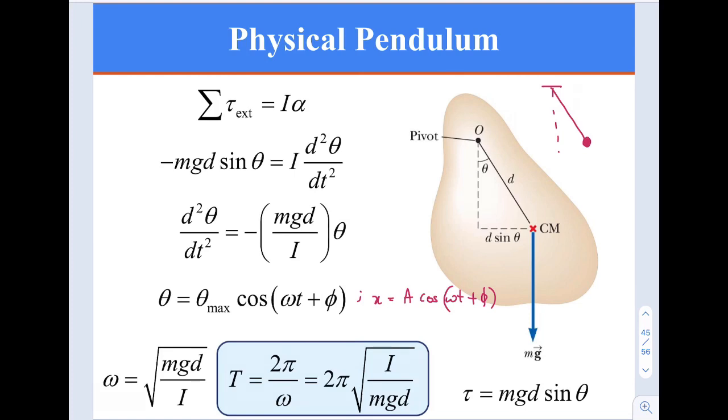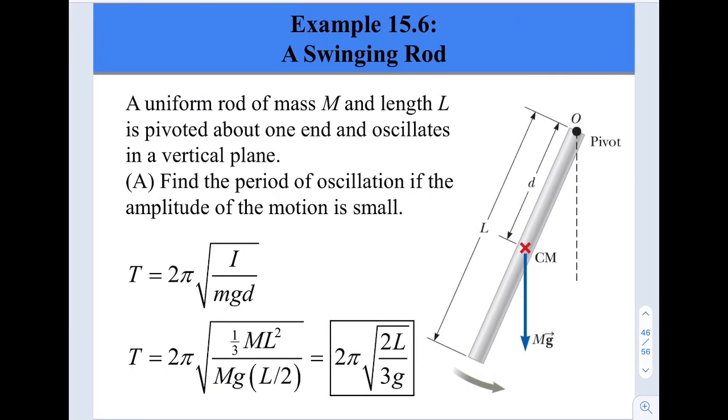From here, we may do some rearrangement and show that omega is equivalent to the square root of mgd over I. If you have the omega like this, now you may substitute into T equivalent to 2 pi over omega, then you are going to have the T formula for the physical pendulum.